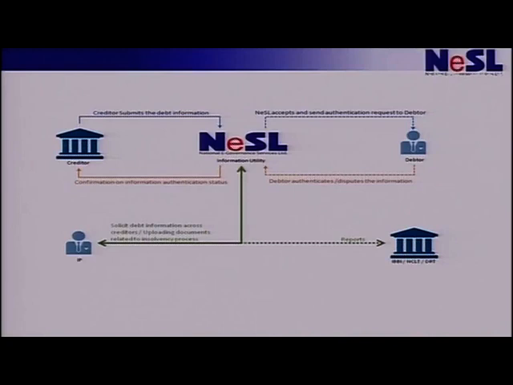Finally, the reports of the information utility are available to the regulator, that is Insolvency and Bankruptcy Board of India, and also to the adjudicating authority when they require the same. Typically, the adjudicating authority can see the records of the debtor, it can access the record of default.